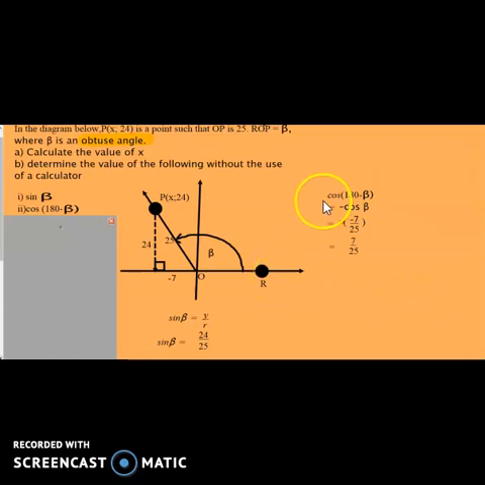We firstly say cos of 180 degrees minus beta. Now we all know through reduction this becomes negative cos of beta. Now cos of beta itself in this quadrant is negative 7 over 25, my x value over my r value.